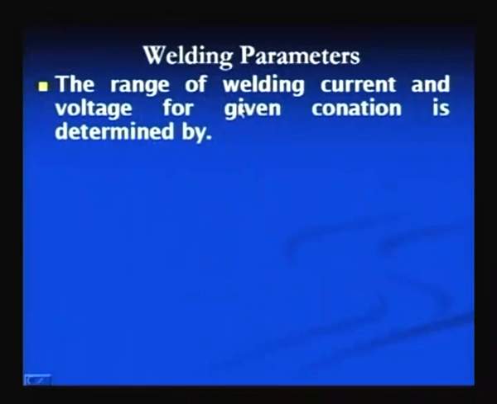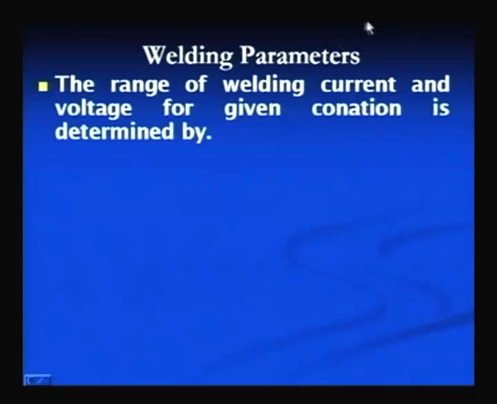All these parameters significantly affect the deposition rate, penetration, weld bead width, etc. So, that is why the importance of the welding parameters is significant, and it is necessary to understand the effect of these welding parameters on the performance of the gas metal arc welding and on the soundness of the weld joint.